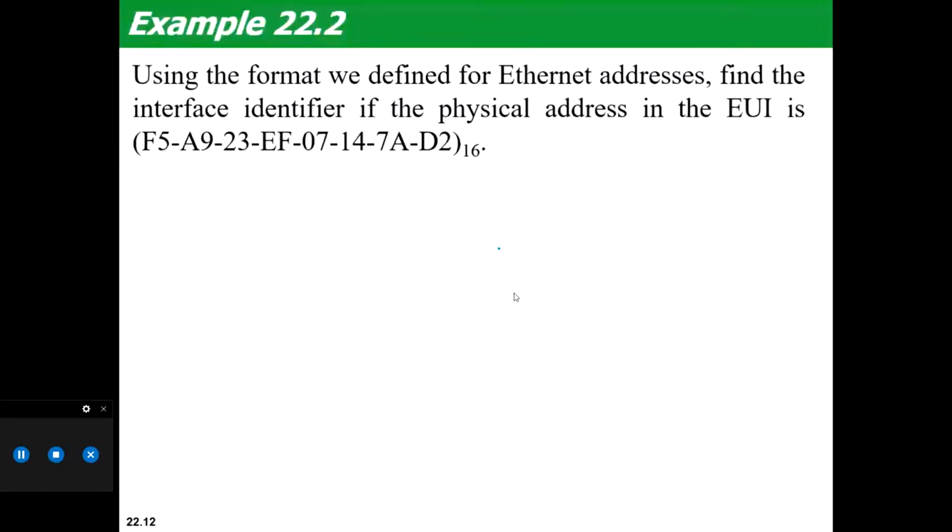And now I want to find the interface identifier. So here I'm writing again F5, A9. Only this many bits I prefer, because in the rest of it there is no change.